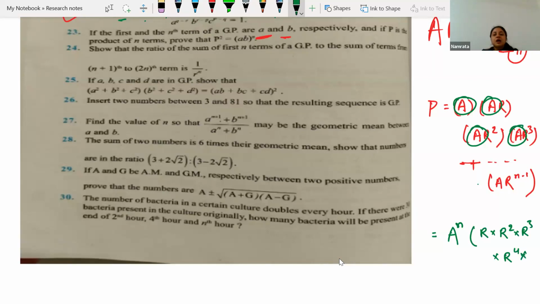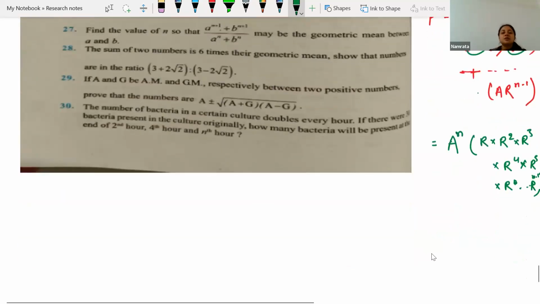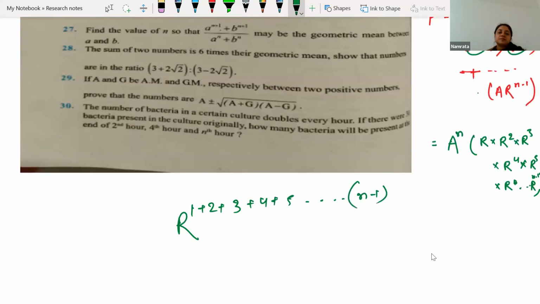And after that we are having R into R square into R cube into R to the power 4 into R to the power 5 into R to the power 6 up to R to the power n minus 1. So can we use this formula: R to the power 1 plus 2 plus 3 plus 4 plus 5 up to n minus 1, which can be written using the sum of n natural numbers formula, n into n plus 1 by 2?